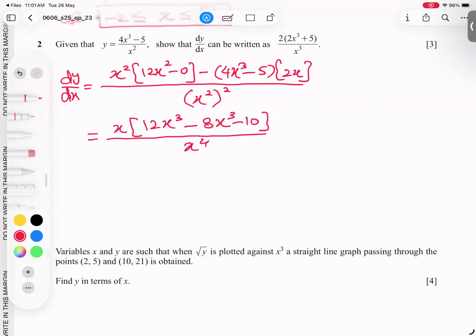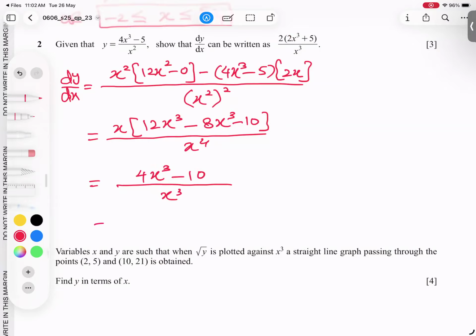Now students, this x and this x to power 4 can be cancelled. I'm getting x to power 3 here. Inside, I'm getting 4x cubed minus 10. I can take 2 common, you can see clearly.